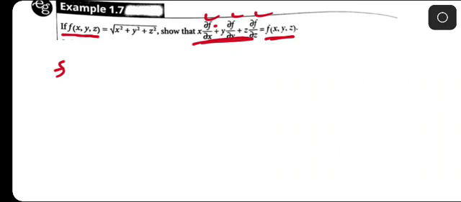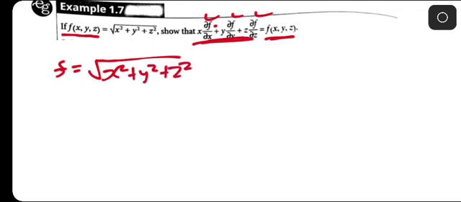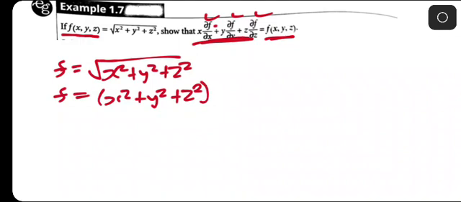I can rewrite the equation here as x squared plus y squared plus z squared, all raised to the power of 1 over 2.